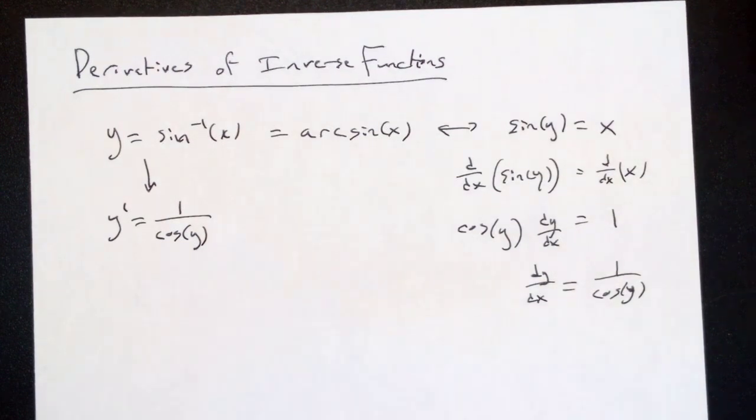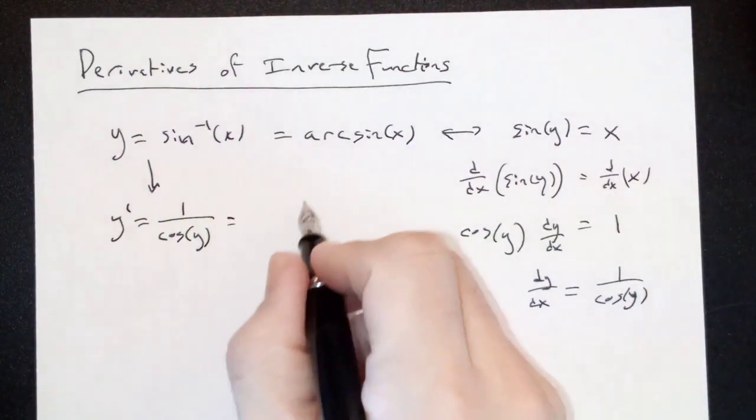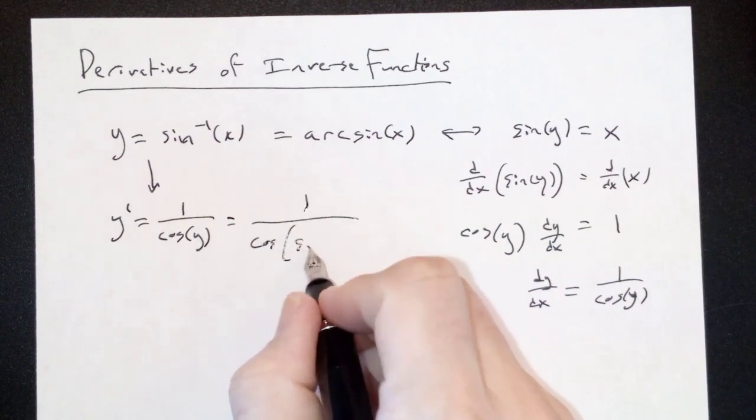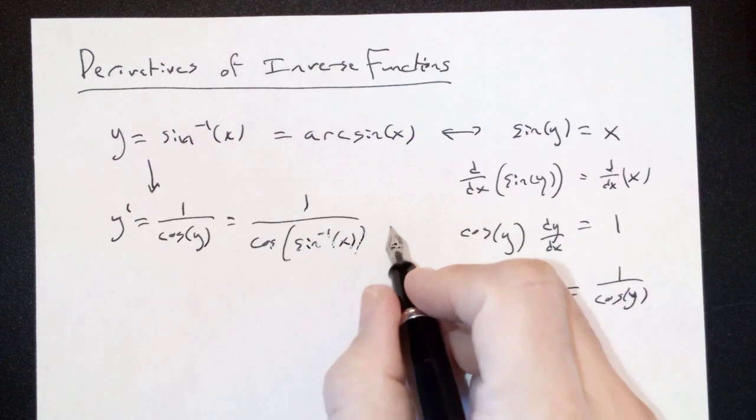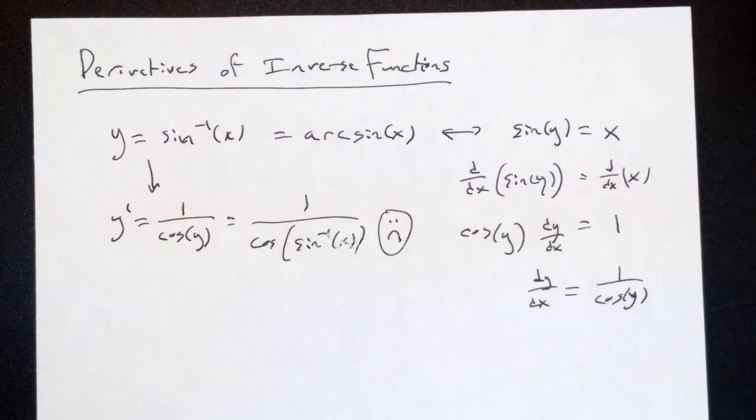I'd like to turn this back into x's. Plug in the sine inverse, so it would be cosine of sine inverse of x. Oh, that's absolutely unpleasant. I can't quick draw a crying emoji, but you can picture it there. That's horrible. Absolutely horrible. It's not wrong. It's just ugly.